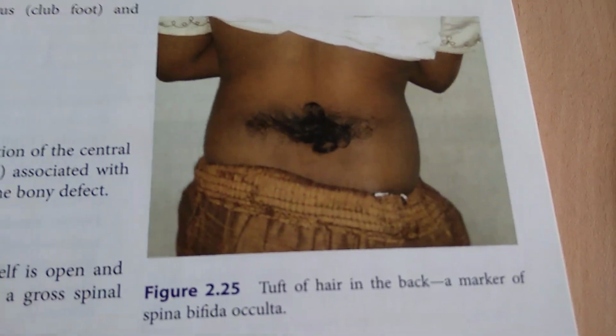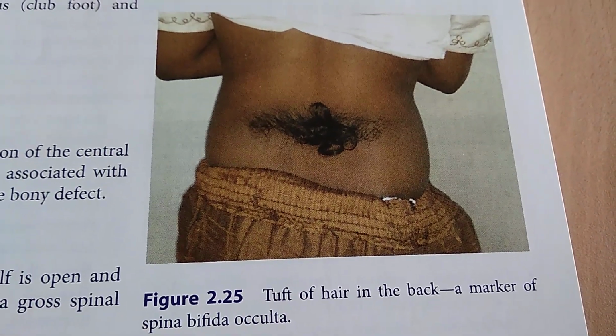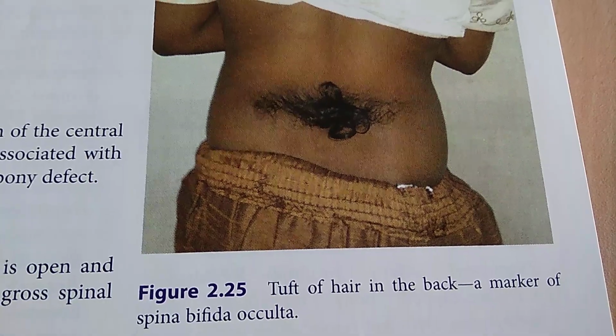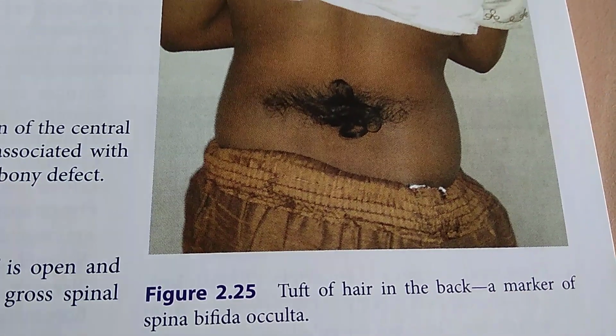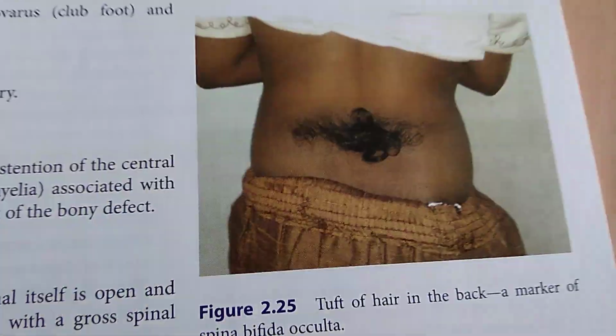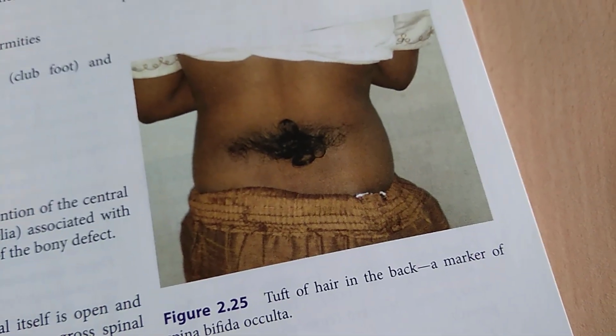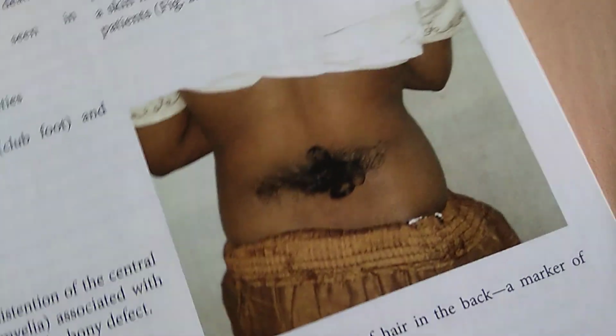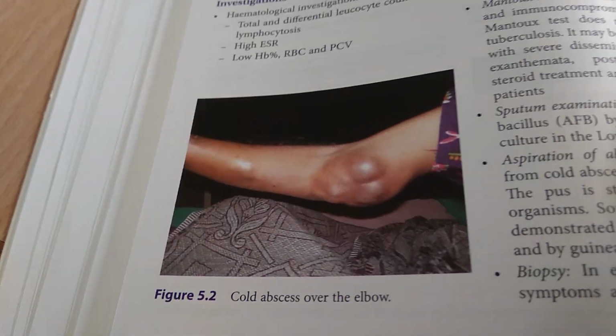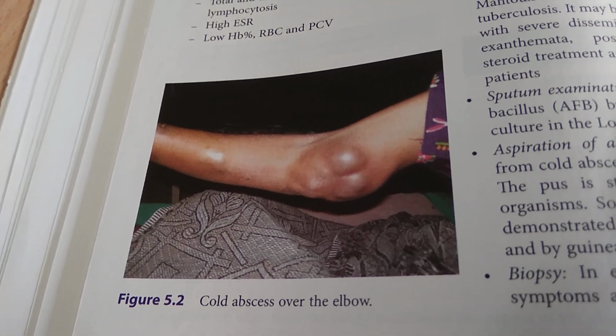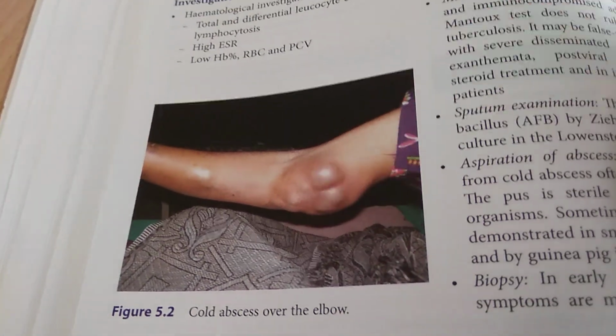What is this here? Tuft of hair in the back. So that is a marker of what? Spina bifida occulta. Are you able to see this tuft of hair? Is it clear? I think it's not very clear, isn't it? Look at this image, guys. Cold abscess over the elbow.